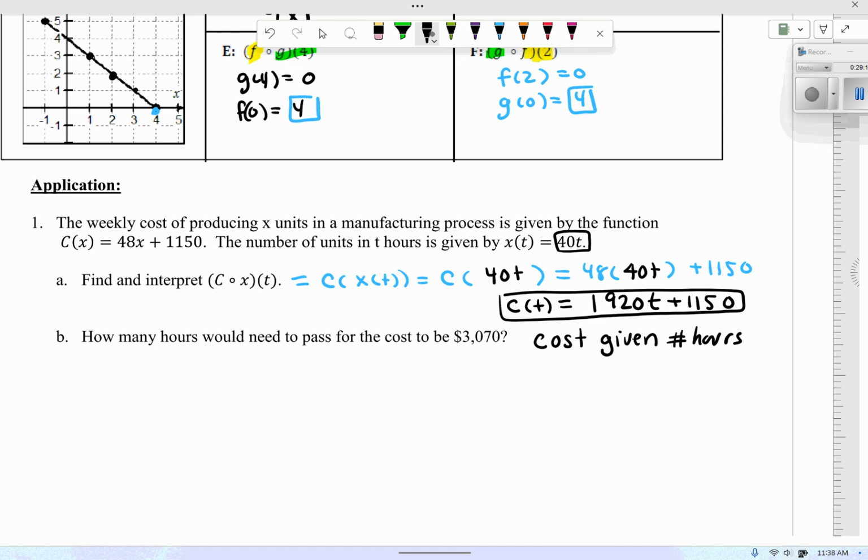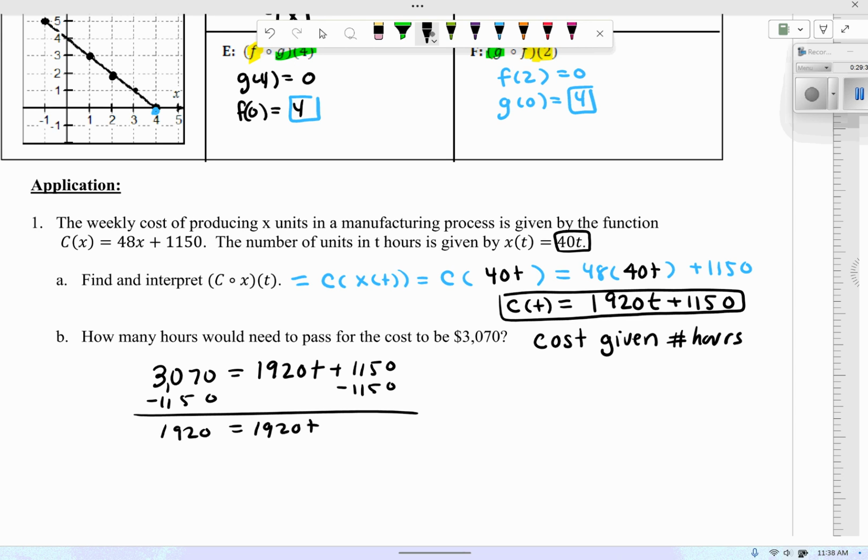So then how many hours would need to pass for the cost to be 3,070? So we're plugging 3,070 into C of T, the composition that we did, and solving. So subtract 1,150 gives you 1920 equals 1920 T. So then T is equal to 1, so 1 hour.